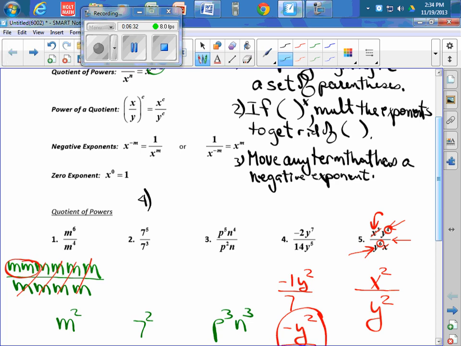Number 4, evaluate your coefficients. And number 5, simplify your variables.